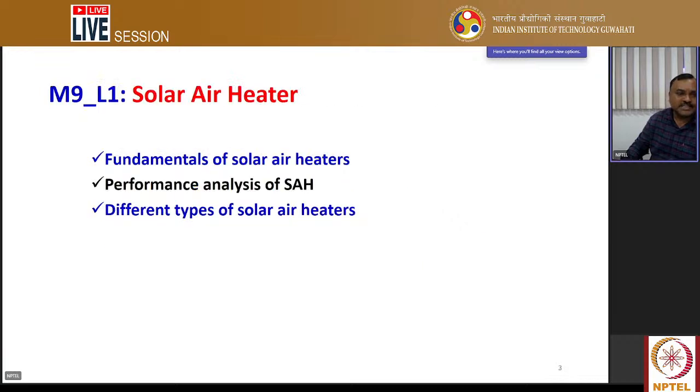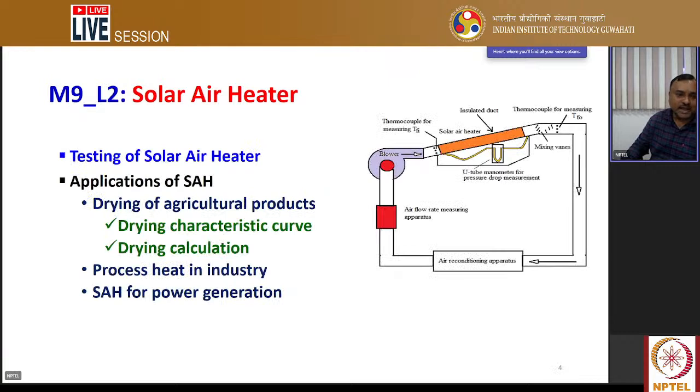In Lecture 1 of Module 9, primarily we discussed the fundamentals of solar air heaters, performance analysis of solar air heaters, and different types of solar air heaters and their importance. In Lecture 2 of Module 9, testing of solar air heaters was discussed, and its applications in drying of agricultural products.